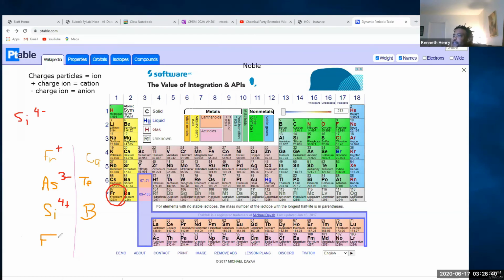Okay. F. 1 negative. Okay. Ca. 2 positive. Te. 2 negative.